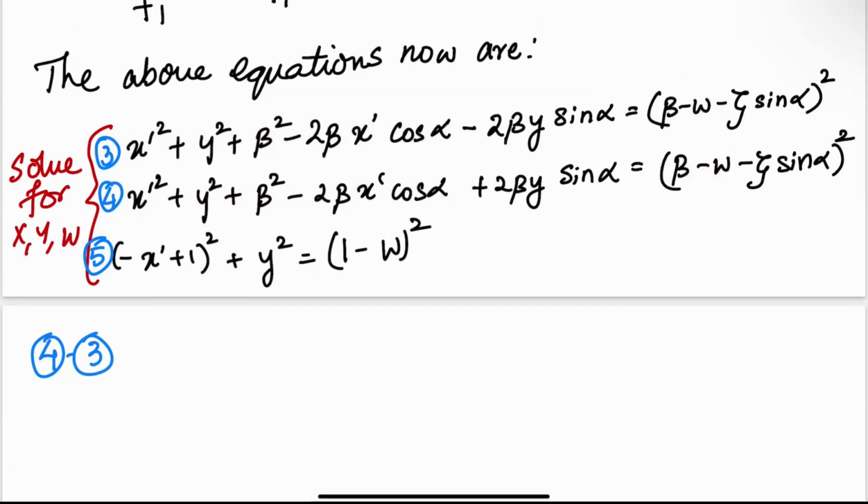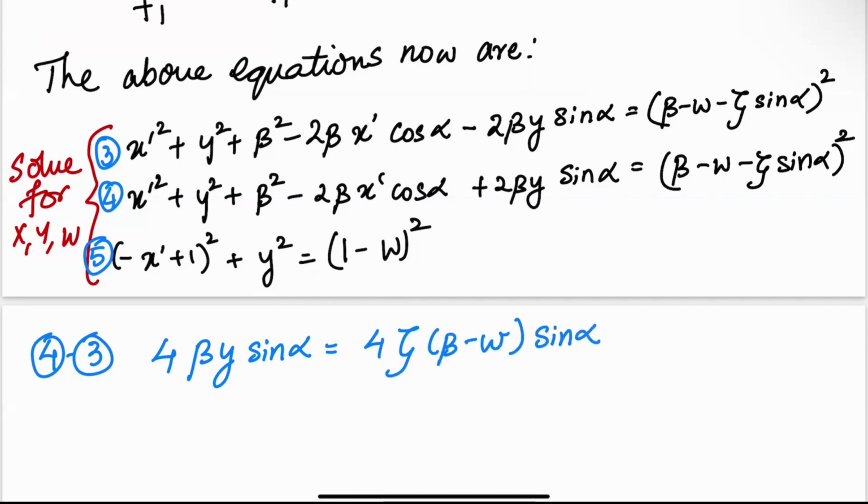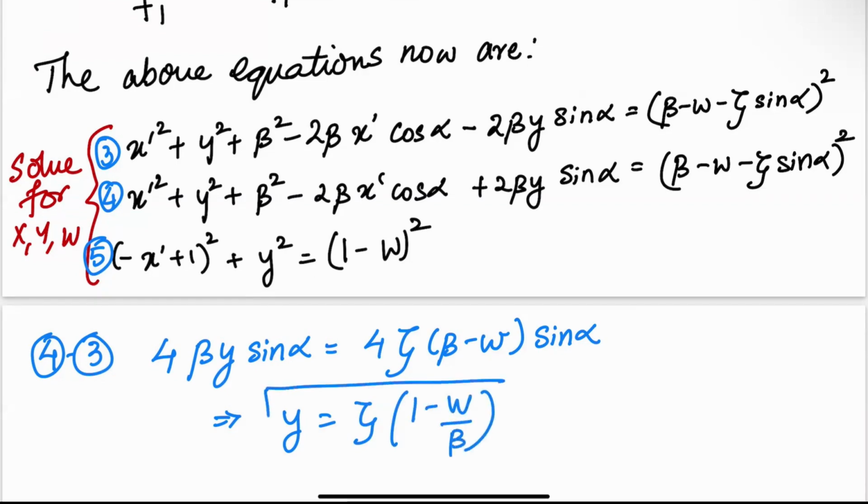So you end up with nothing but 4 beta y sine alpha is equal to 4 zeta beta minus w times sine alpha, right? Which is nothing but y equal to zeta times 1 minus w over beta. So we have one parameter sorted out.